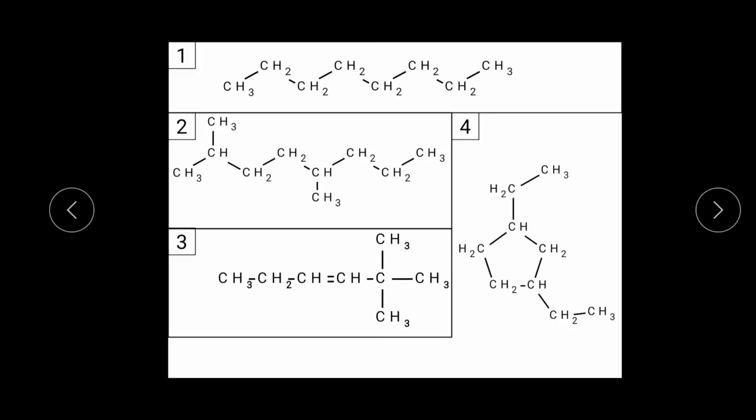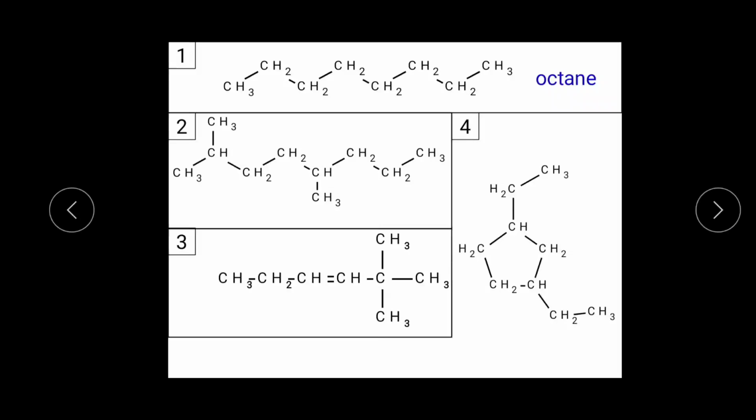This is a straight continuous chain. It has no branch. All we have to do is count the number of carbons. All of these are single bonds, meaning this is an alkane structure. So 1, 2, 3, 4, 5, 6, 7, and 8. And this is an octane.